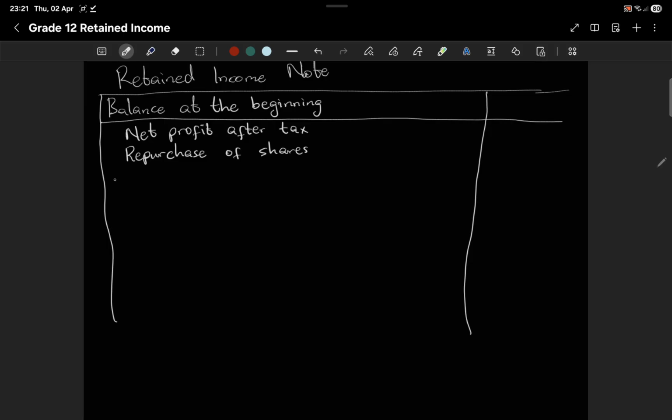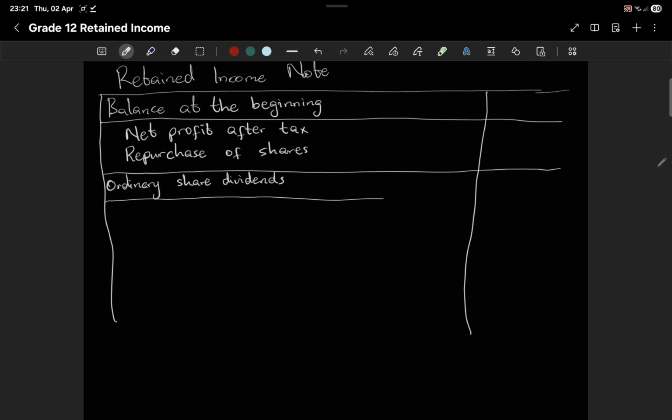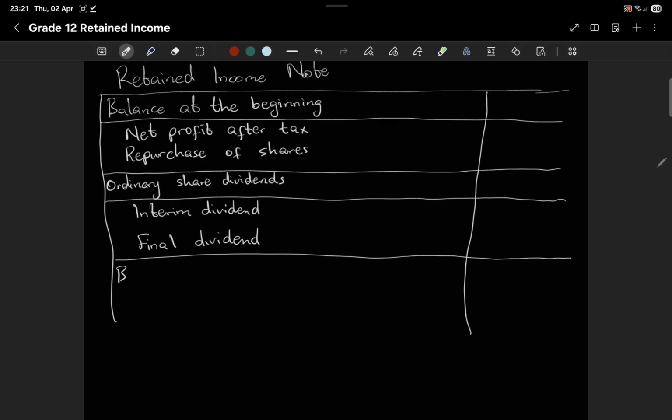This is where we will record the loss. Now we have the ordinary share dividends, which consist of interim dividends and final dividends. Then we have the balance at the end.